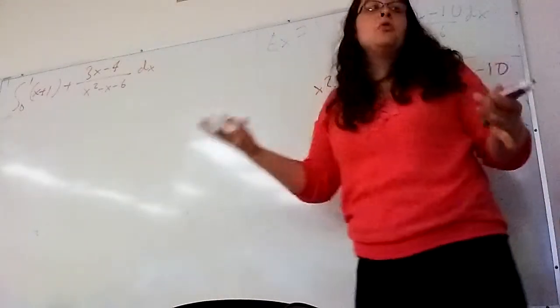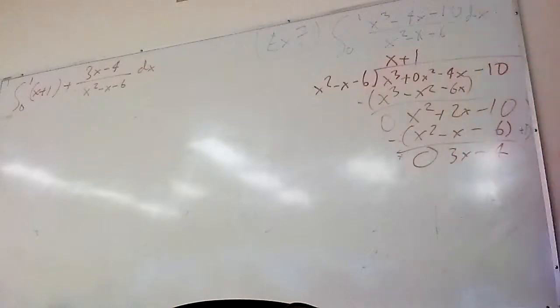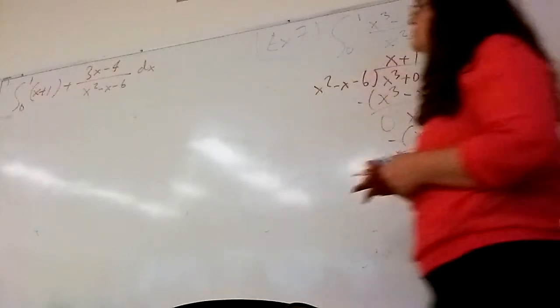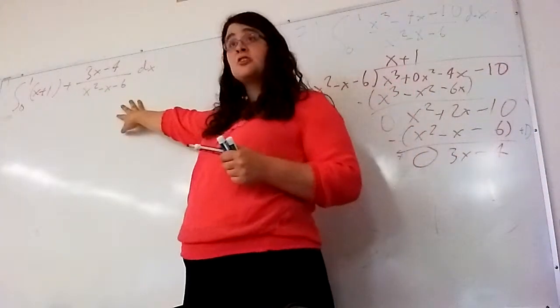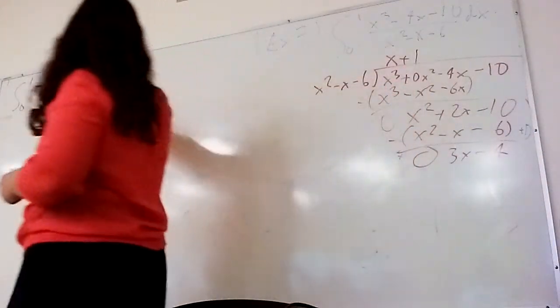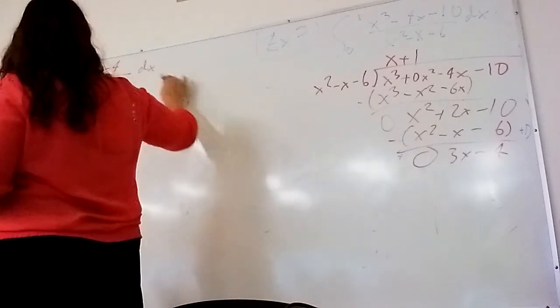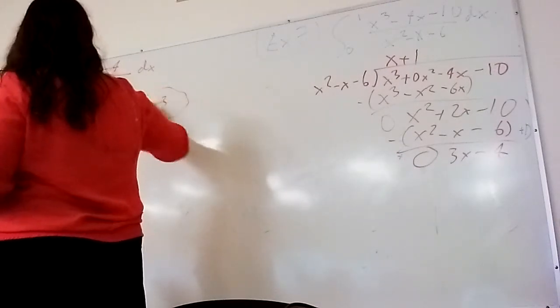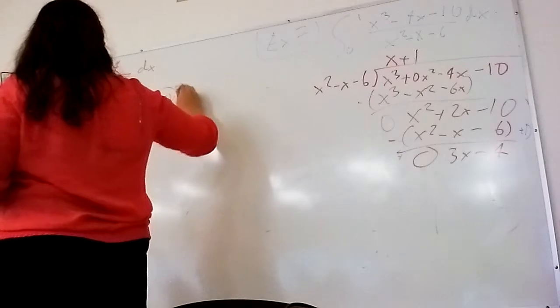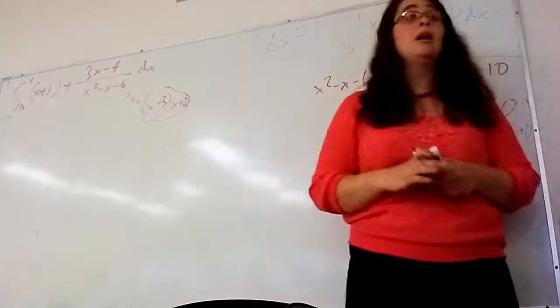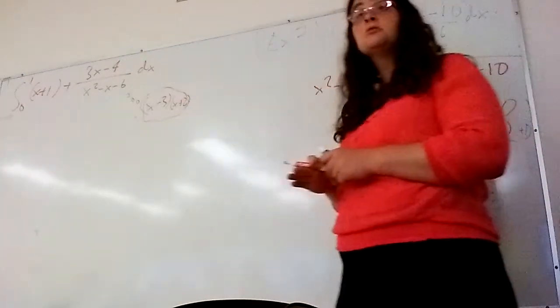So again, there are some questions like this example 7 here where we have to do both long division of polynomials and partial fractions to get to the answer. So when I do the partial fractions here, the first thing to mention, x squared minus x minus 6 factors as x minus 3 times x plus 2. Right? First thing to mention, that's how this guy factors.